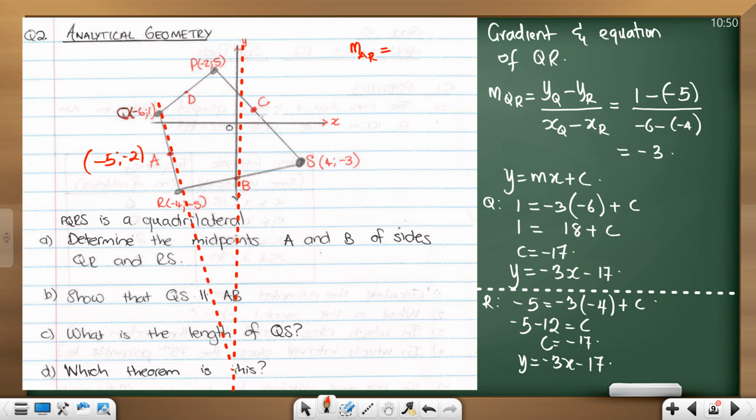What's your answer? Negative 3. Why do you think it's the same? It tells us that they are collinear points.